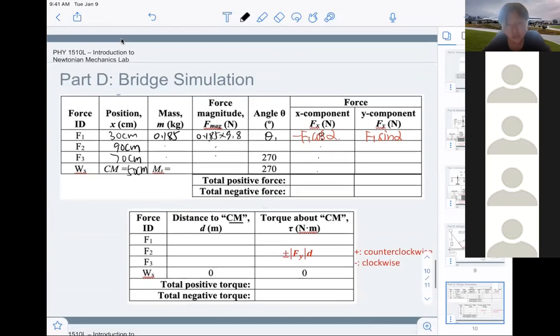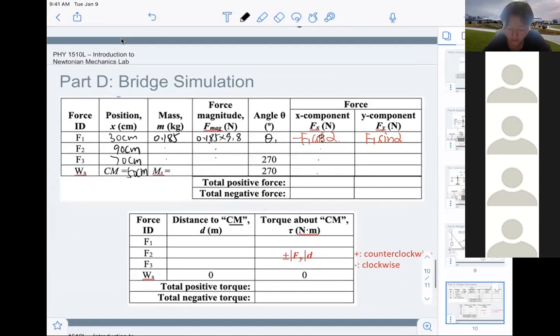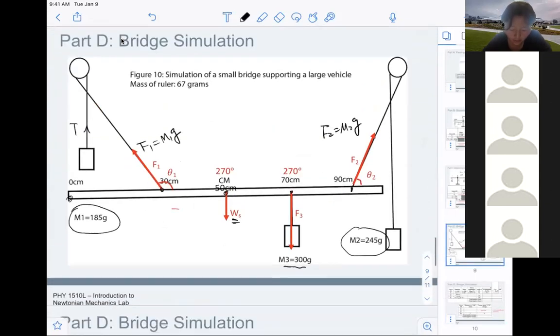It will take just a little bit more time and effort to look at the components, okay? Because 2 of these forces are acting at an angle. So F1, for example, has an angle theta 1. You can measure that somewhere around 128 degrees. Okay, so you measure that angle.